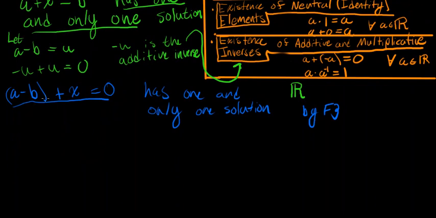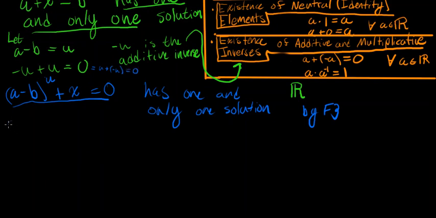Now, since a minus b is equal to u, and negative u plus u is equal to 0, or another way of saying that by the commutative property, remember commutativity means that we can just change the order of the operation that we're doing on two elements. So this operation addition, we can just change the order of this operation. So negative u plus u is the same as u plus negative u, and that's equal to 0.